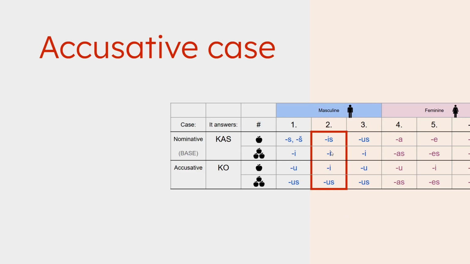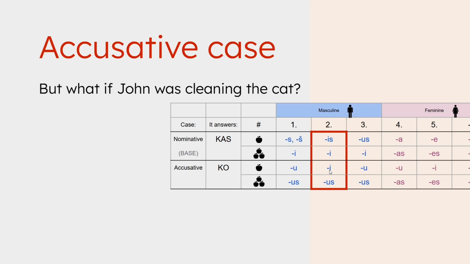Now let's start on the second declension. It's going to be the same thing, focusing on these suffixes. What if John was cleaning the cat? Well, the cat is kakis. So remember, kakis ends in is, so we're looking at the second declension. The cat is still singular.